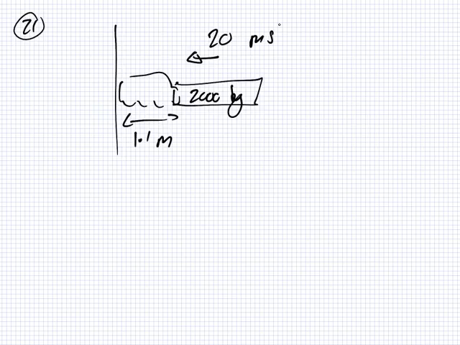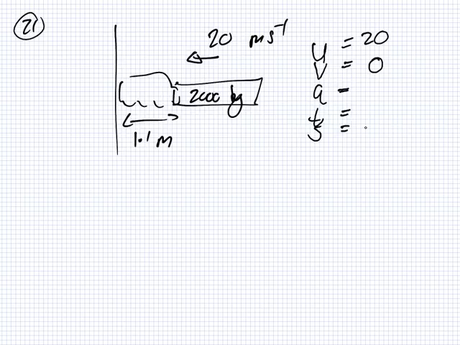Is that all okay? So if we use our UVATS here: the U is 20, the V is 0, the A we don't know, the T we don't know, the S is 1.1. Let's get the A. V squared equals U squared plus 2AS.